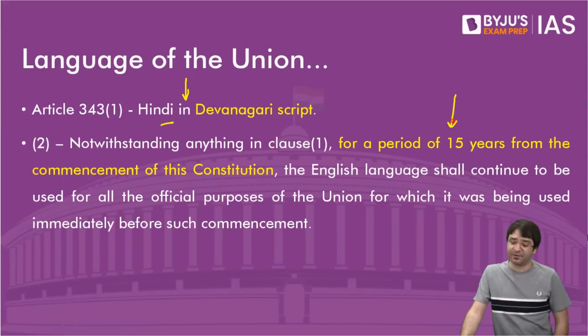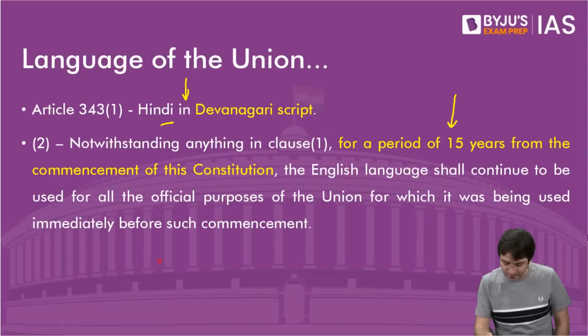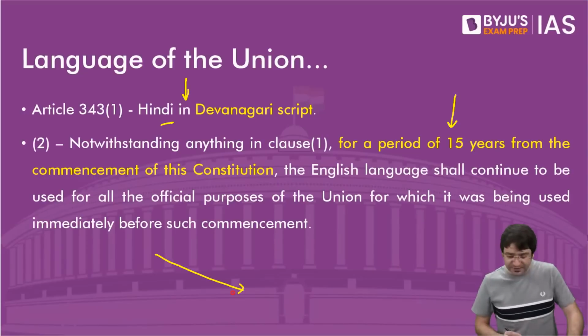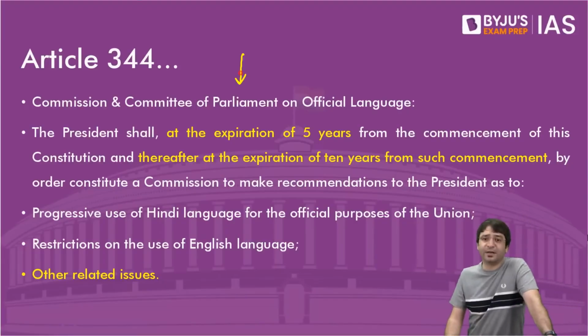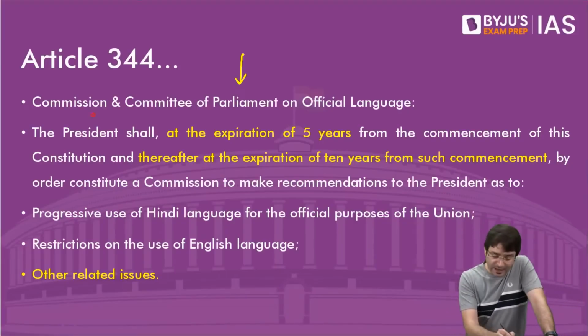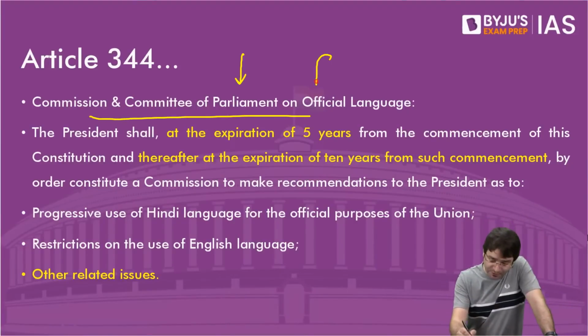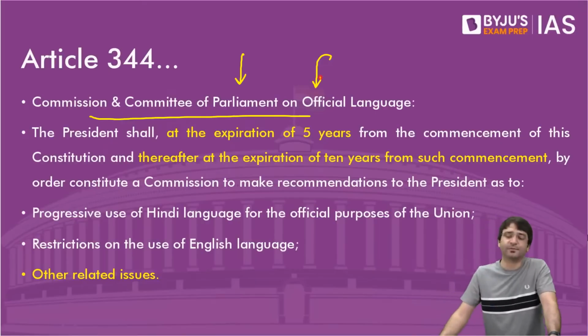But then every 5 years, and then every 10 years, there should be a committee, a committee of the parliament on the official language. So what does that mean?